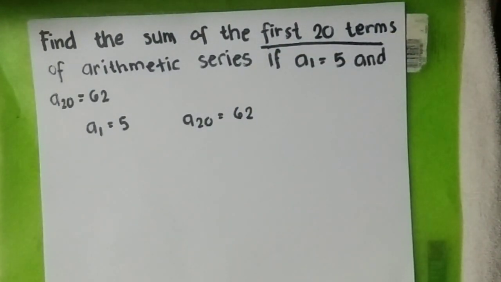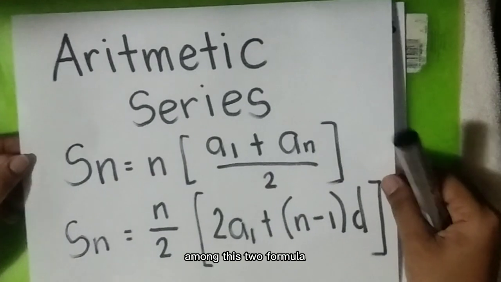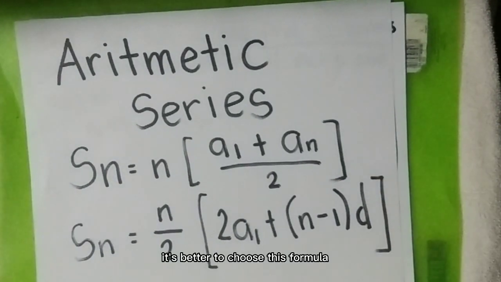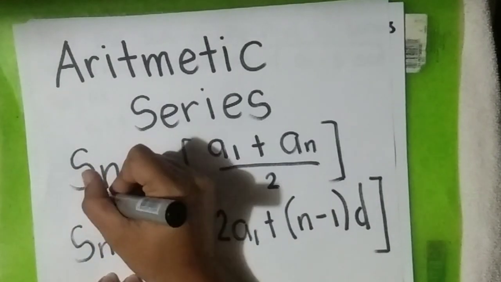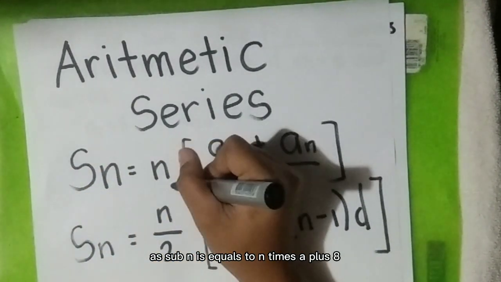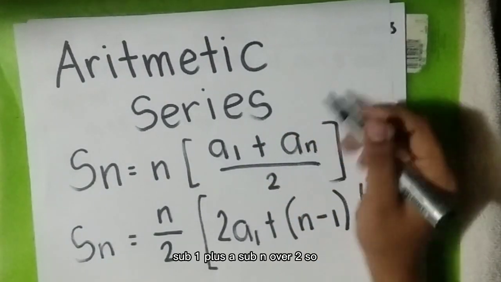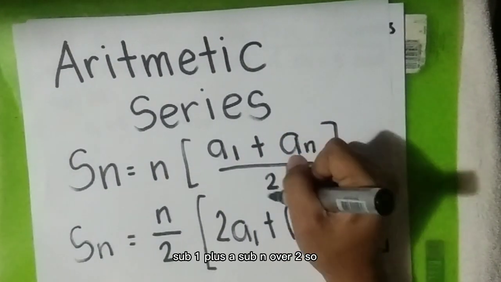Among these two formulas, it's better to choose the formula S sub n equals n times a sub 1 plus a sub n over 2.